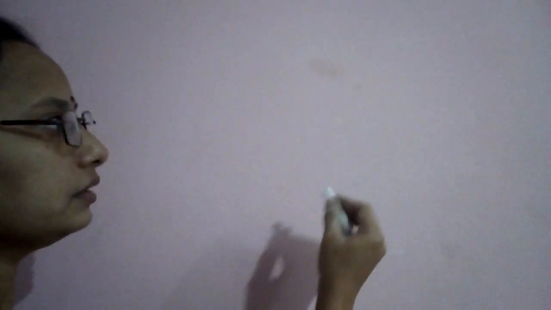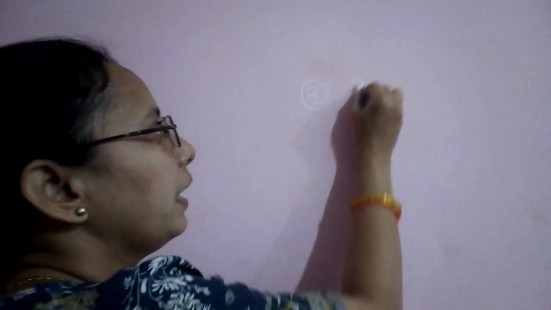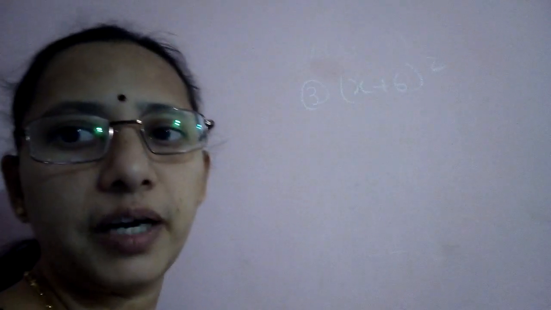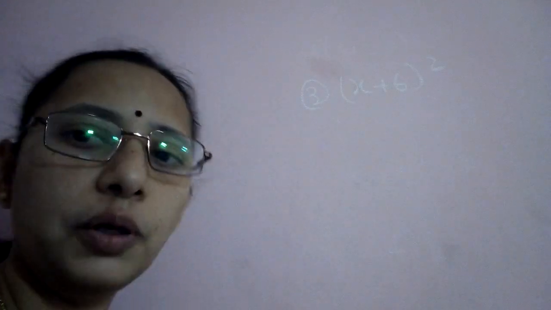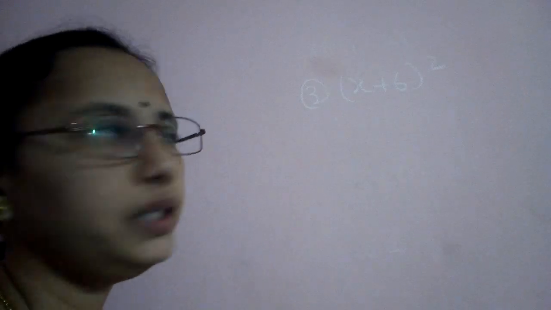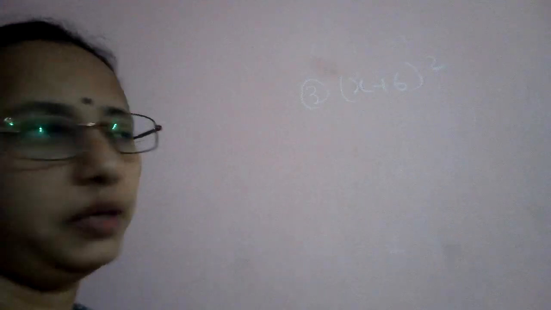The next, the third one, is (x plus 6) whole square. This equation we will simplify based on the properties. Since we all know (a plus b) whole square is equal to a square plus b square plus 2ab, we are going to simplify this (x plus 6) whole square based on the formula.